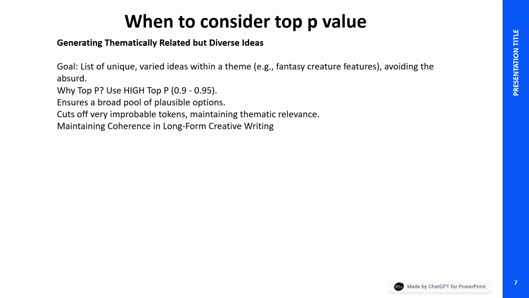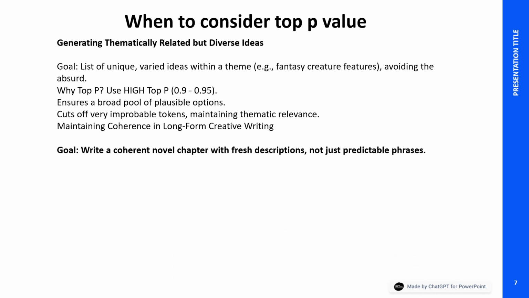It cuts off very improbable tokens, maintaining thematic relevance and coherence in long-form creative writing. So the high top P value gives a broad pool, because you are not removing all the tokens. You are keeping maximum tokens, 95% of the tokens on which the model was trained, to generate the output.